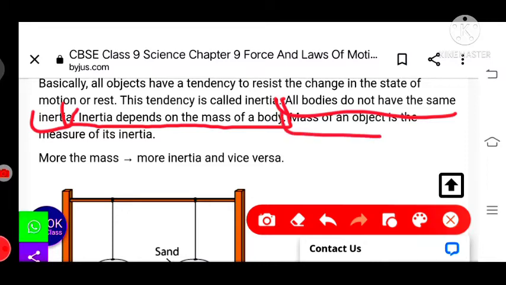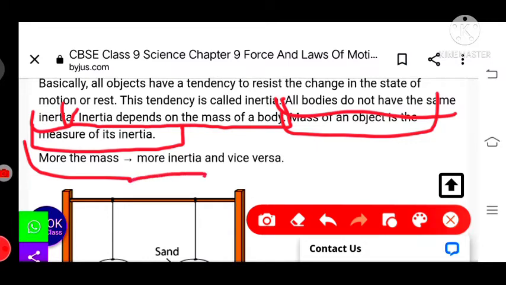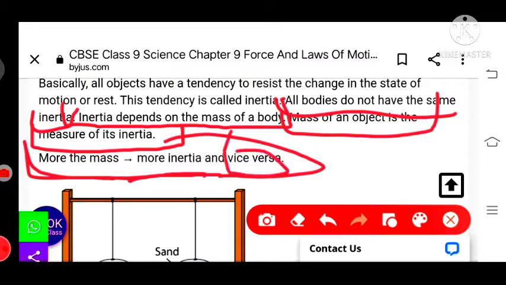And the mass of an object is a measure of its inertia. More the mass, more the inertia, and vice versa. Vice versa means it's opposite, like less the mass, less the inertia.